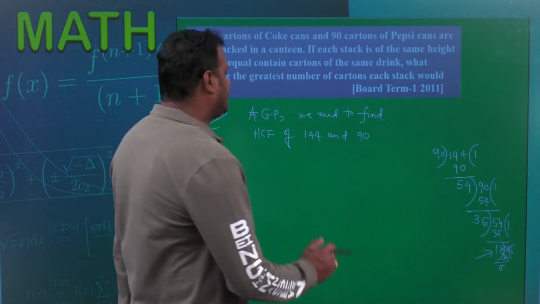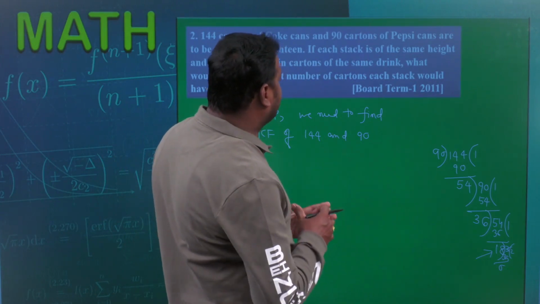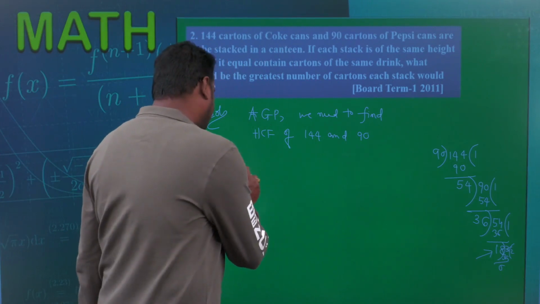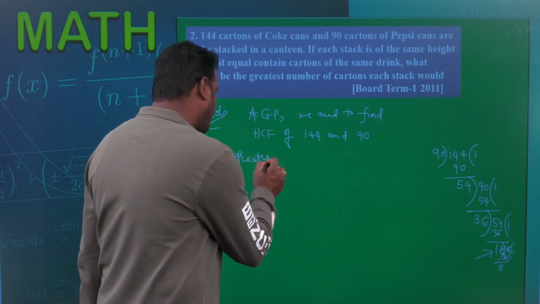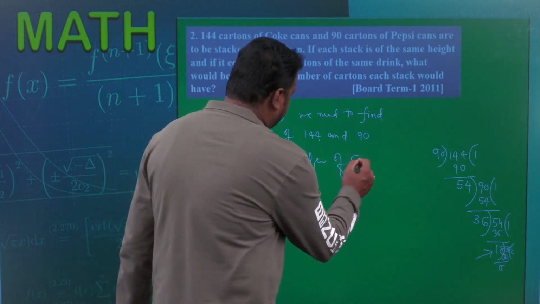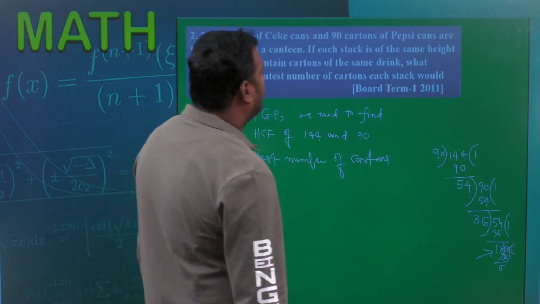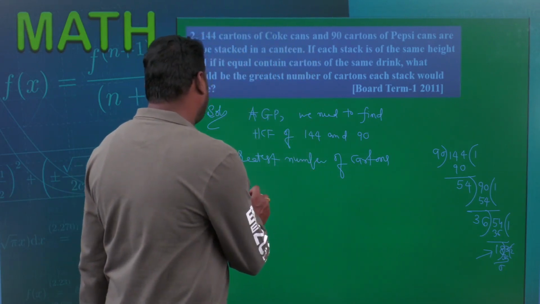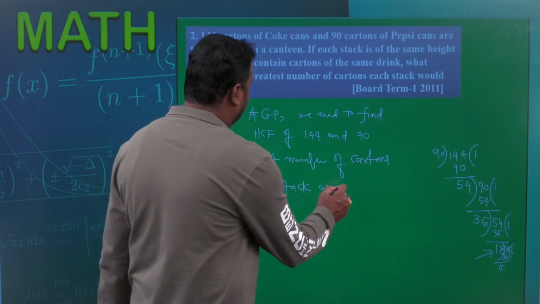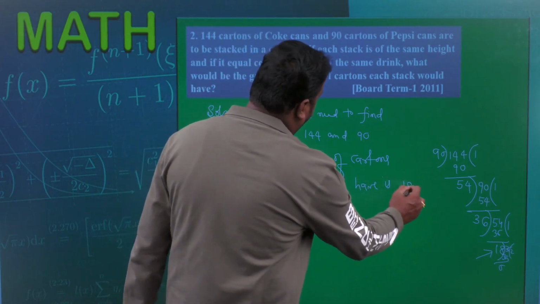So it means the greatest number of cartons each stack would have is how many? Is 18.